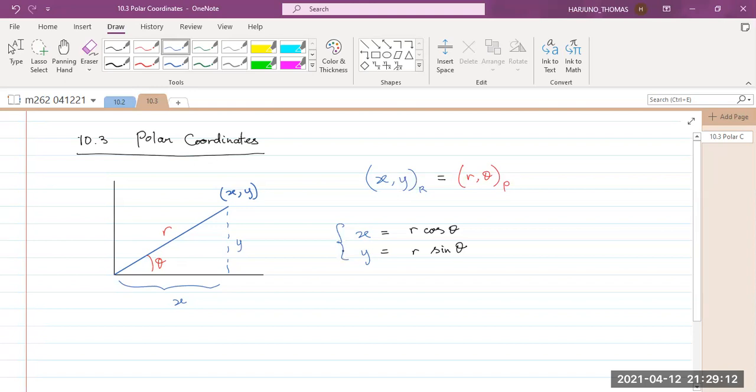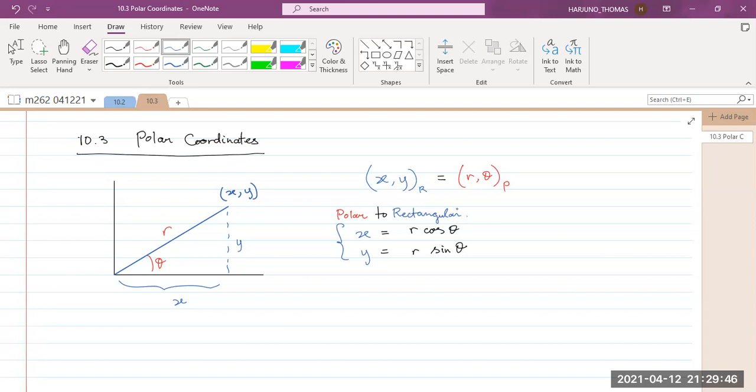That's to convert from polar to rectangular. If you have the r, you have the theta, you will get the x, y by using these formulas.